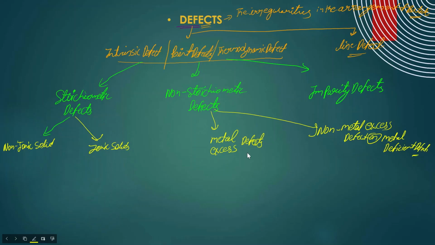Okay, now here non-ionic solid defect is also further divided into two segments. First is vacancy defect, and second is interstitial defect.